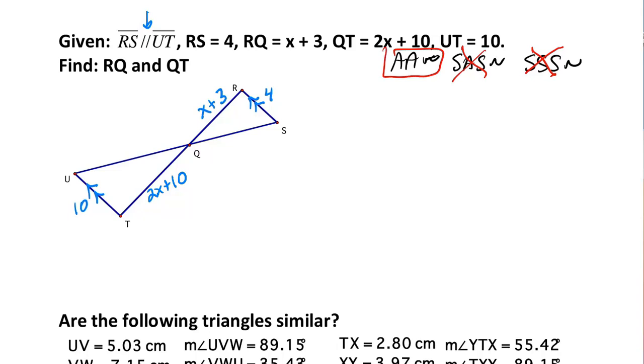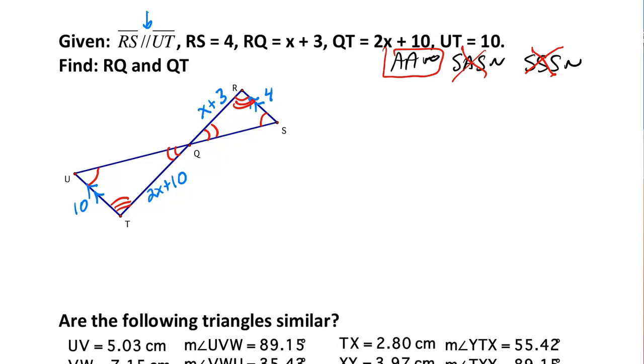So there must be a way to show the triangles are similar by angle-angle similarity. These vertical angles are congruent, and these alternate interior angles are congruent. And frankly also these alternate interior angles are congruent.